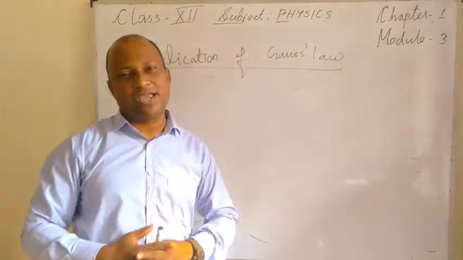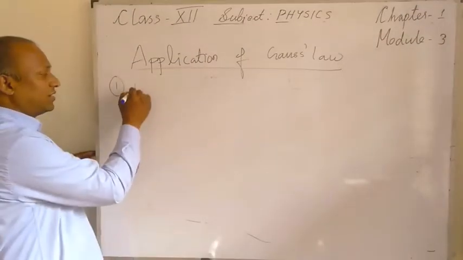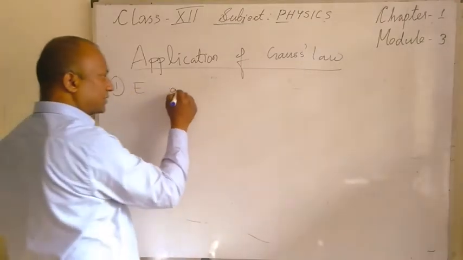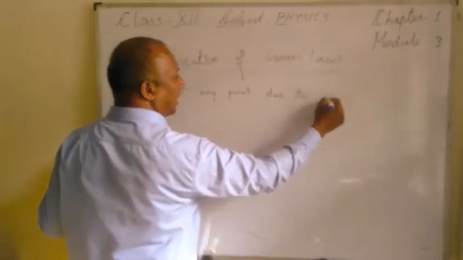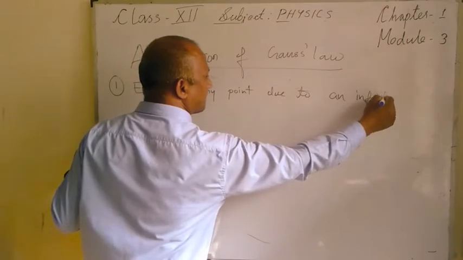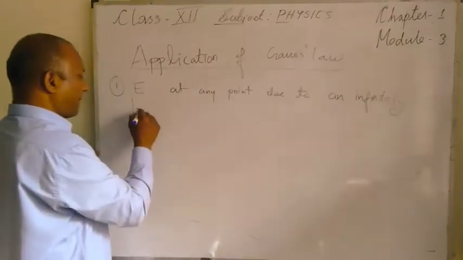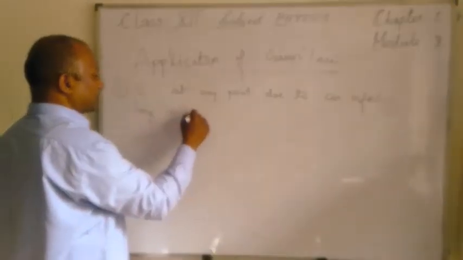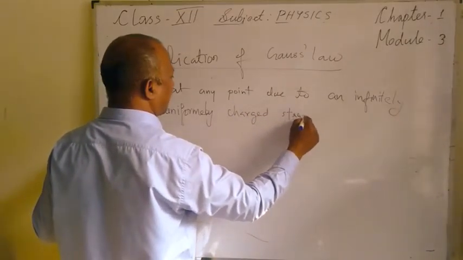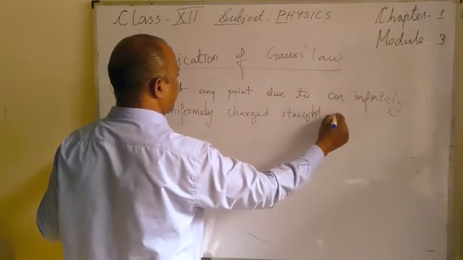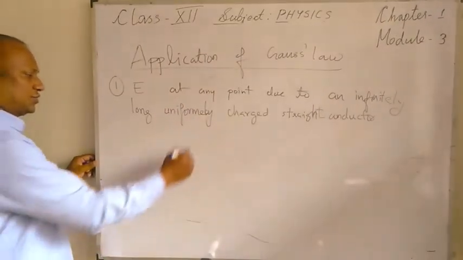And the first application of Gauss law is we're going to find the electric field intensity at any point due to an infinitely long, uniformly charged straight conductor.